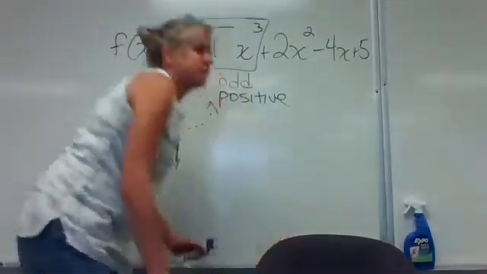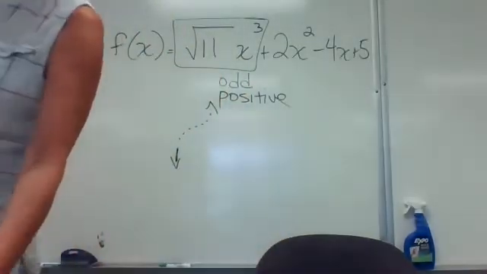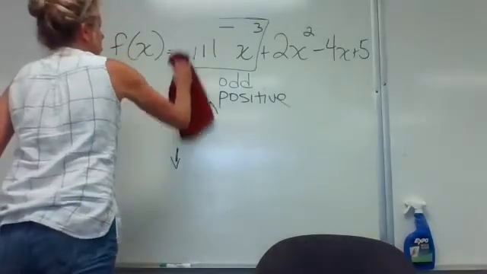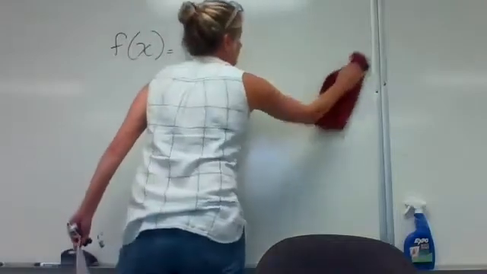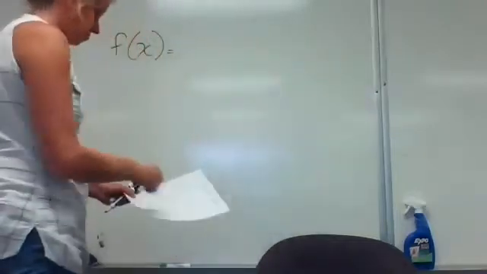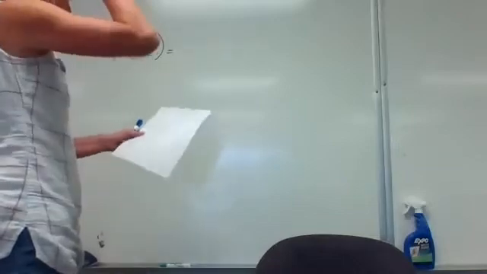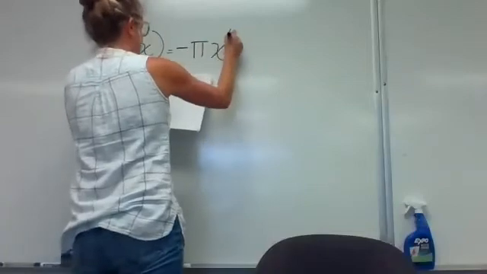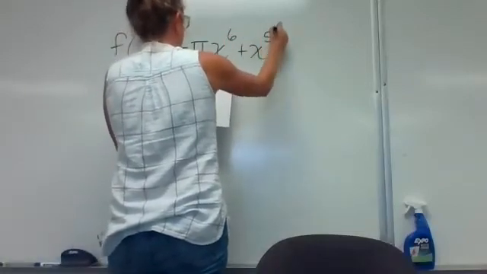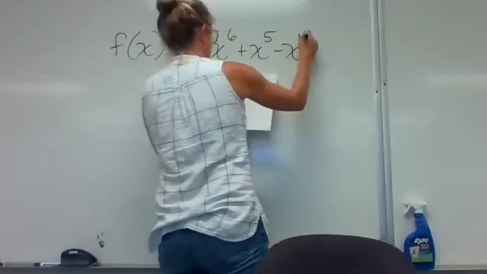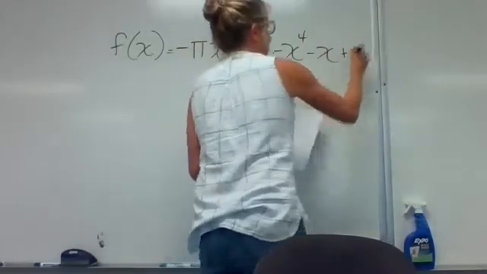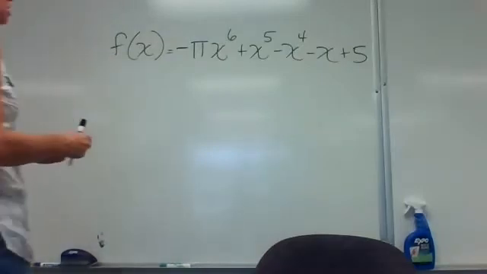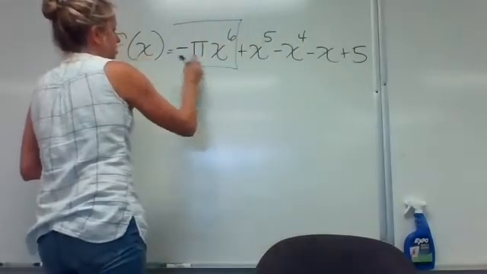Okay, number 2, the same kind of problem. We're just using that chart. Negative pi x to the 6th plus x to the 5th minus x to the 4th minus x plus 5. Again, we're finding the term that has the biggest exponent, which is this term right here.